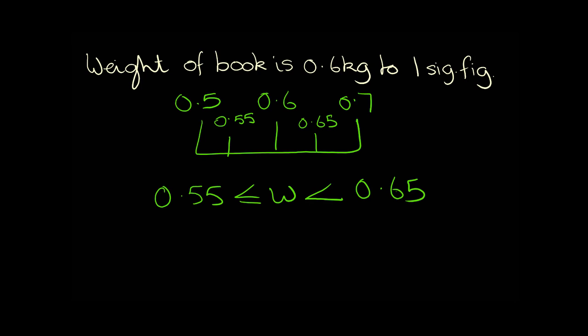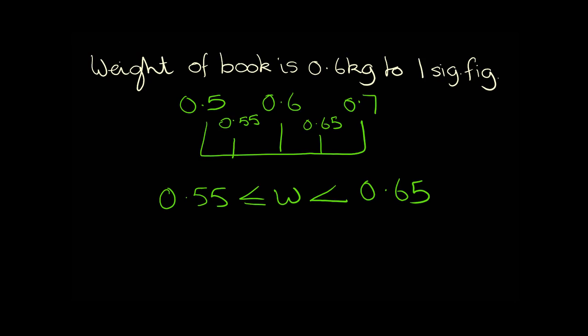So the book at its lightest could have been 0.55 kilograms, because that would round up to 0.6 kilograms to one significant figure. The maximum it could have been would have been 0.64, with 9 going on forever, which for all practical purposes is really 0.65.